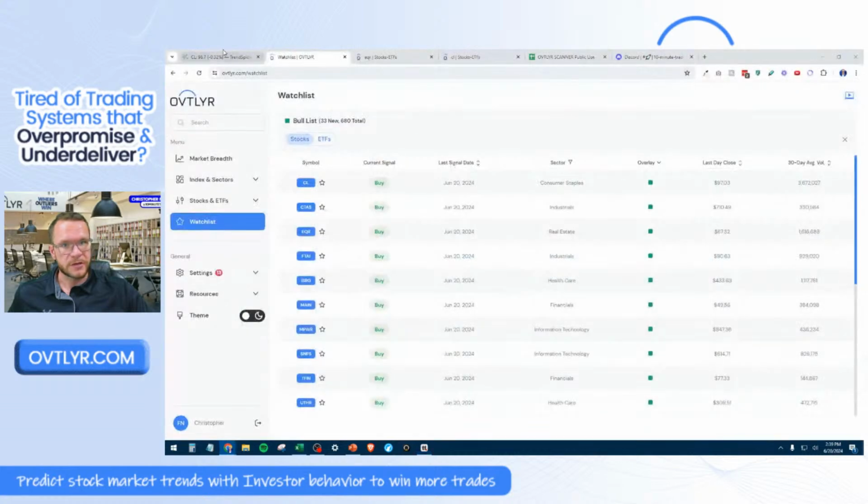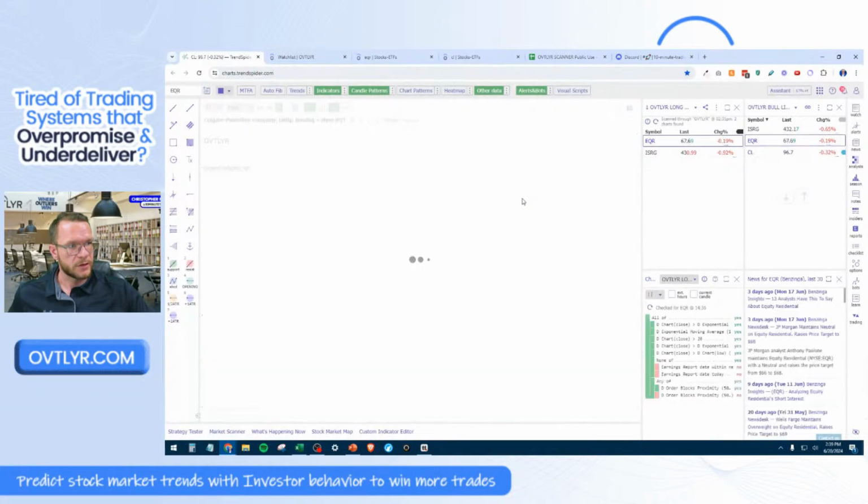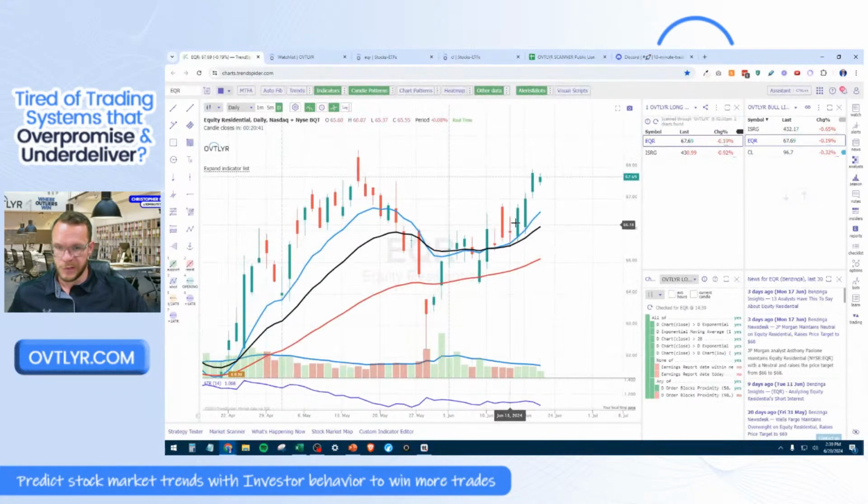I want to check the chart. EQR. I'll go up to 305. Let's see. Filled at 305.